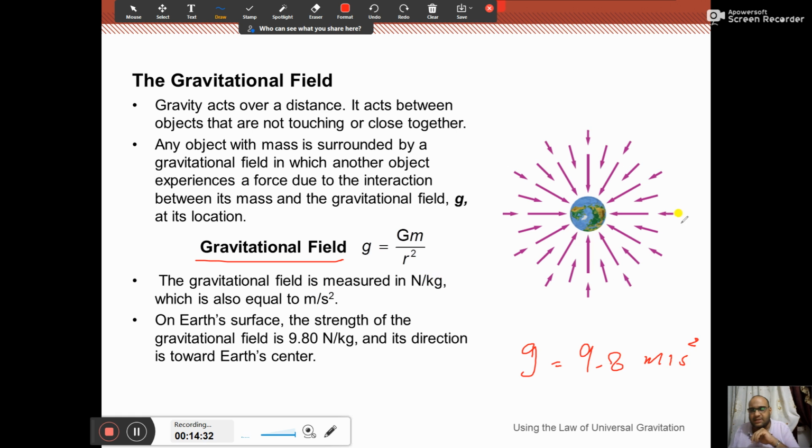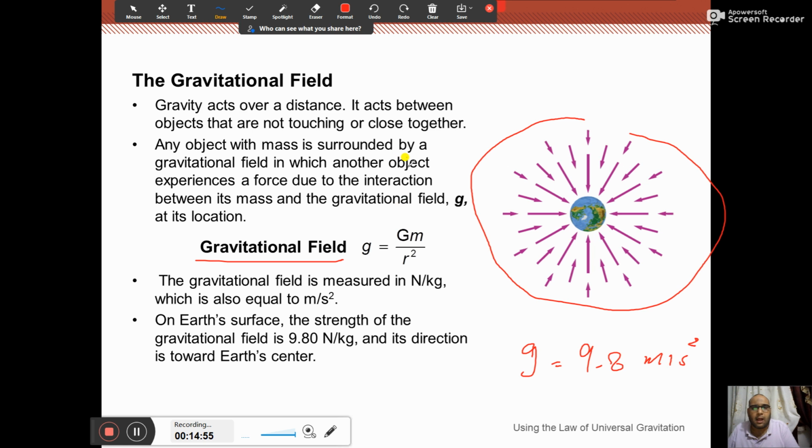The gravitational field is the area surrounding an object which has a mass. There's a field surrounding it. Inside this field, the force of gravity appears. In all of this area, the force of gravity belonging to the Earth appears on any object located inside this area.